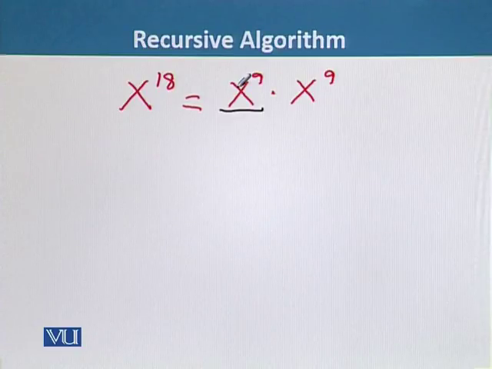So what we are doing is reducing it by a factor of 1 by 2. Previously we had 18 multiplications, and now in this case we have only 9. If we keep on doing this in a recursive manner, we get x^4.